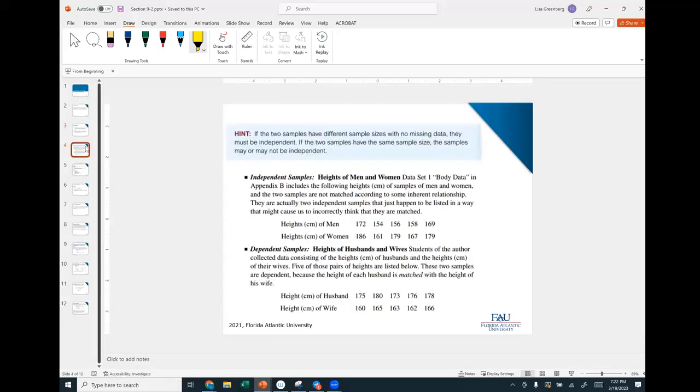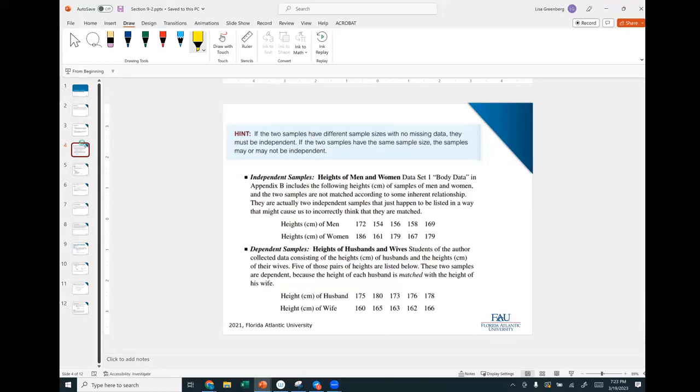Okay, so we'll look at the hint in a minute. Independent samples, heights of men and women. So in Appendix B, or actually you have it in your Canvas, we include the following heights of samples of men and women, and the two samples are not matched according to some inherent relationship.